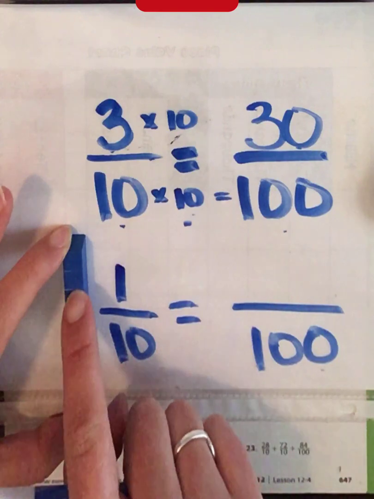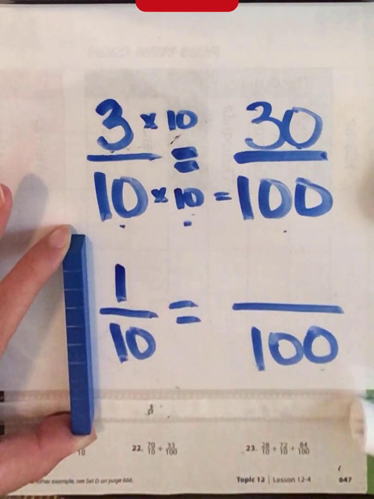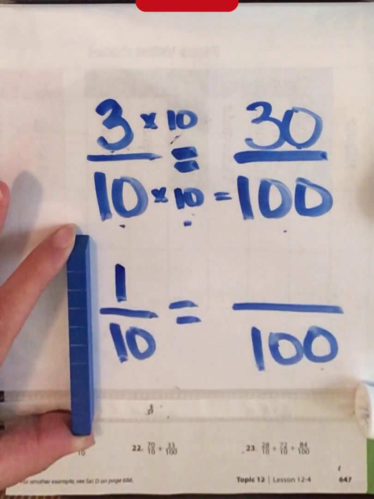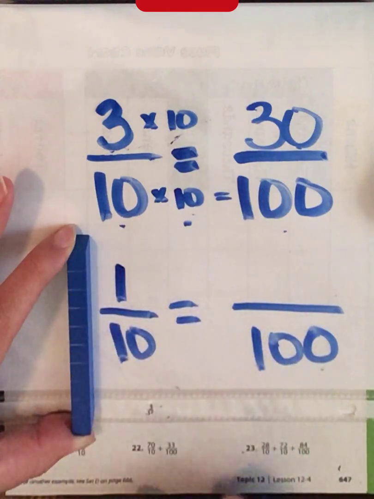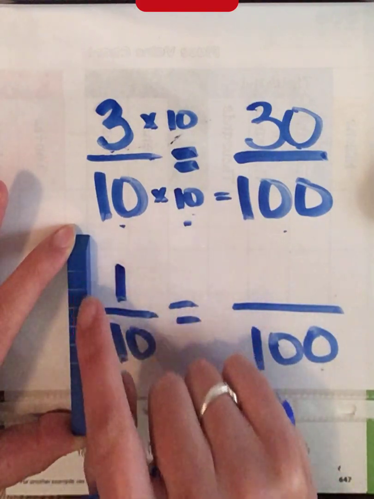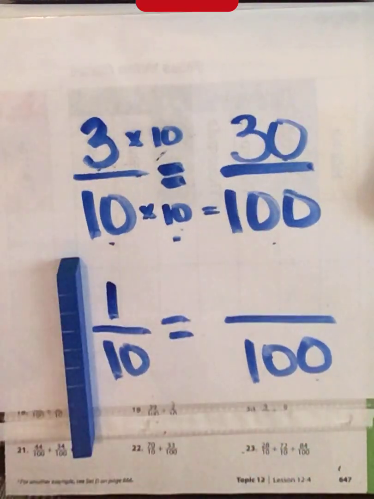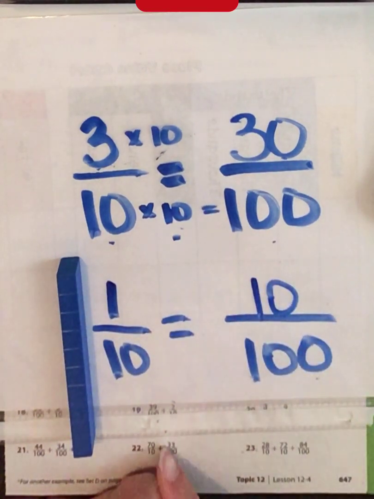But you can see how it's divided. It's broken into little cubes, but those little cubes are fused together. So 1/10, how many little cubes are in 1/10? You could count 1, 2, 3, 4, 5, 6, 7, 8, 9, 10. 1/10 is equal to 10 hundredths.